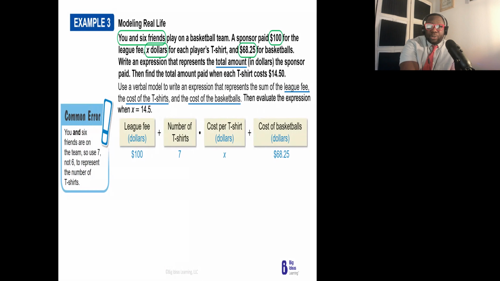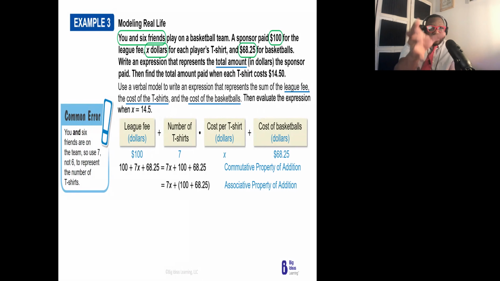So now that we have our expression, we can write this out. Commutative property, change the order so that we have our constants together and we have our coefficient and variable off to the side. Use the associative property to group together 100 plus 68.25. It just makes it easier for us to work. So we add those two together, and that will give us 168.25. And then we know that there are 7 t-shirts that we need to purchase because there are 7 people on the team.